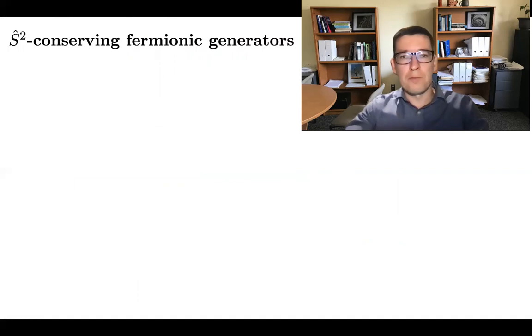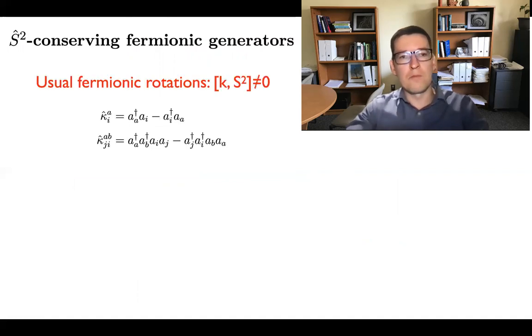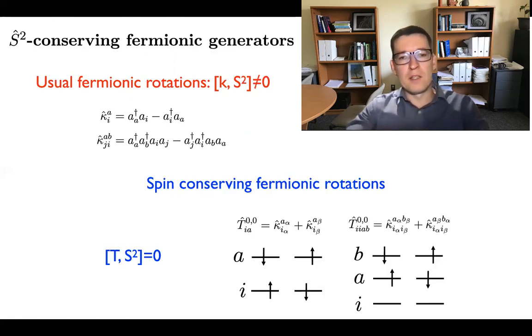Now, regarding conserving fermionic generators, as I was saying, the usual fermionic rotations don't conserve spin, right? So they do not commute with S squared. If we make a linear combination of those, we can create so-called singlet spherical tensor operators, T's. These conserve spin and can be used to create essentially an entangled state corresponding to the right spin symmetry.